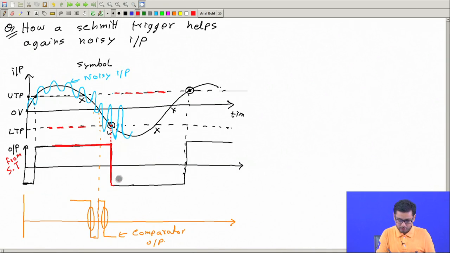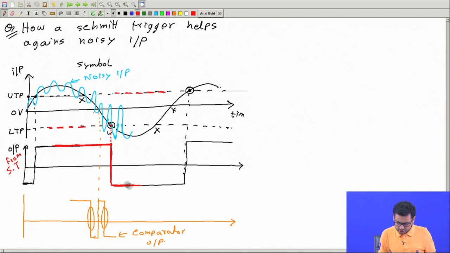So the output will not change here, it will remain negative. Even though I have made the noise so high that the input is crossing the 0 level, the output stays negative because it is not crossing the upper trigger point.